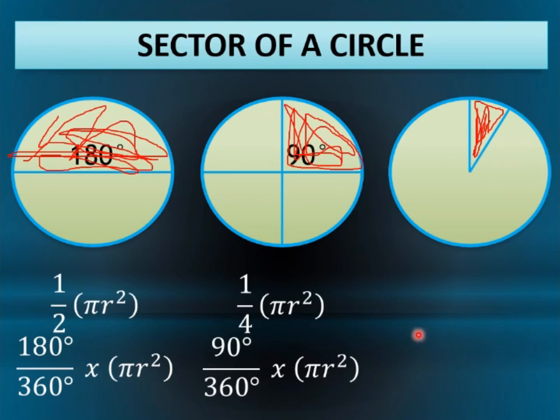And let's say in the third case, we have 30 degrees. So we can have 30 degrees over 360 degrees multiplied by pi r squared. Generally, if the sector angle is theta, then the area of the sector is theta over 360 degrees multiplied by pi r squared.